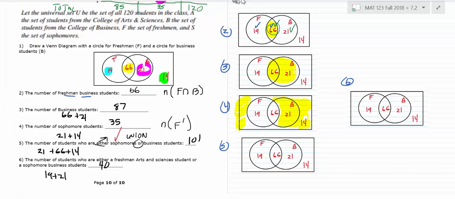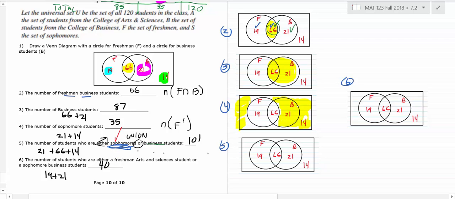You're either a sophomore, so you're a sophomore there and there. That would be the sophomores. And then a business student would be here and there. Whoops, I put the wrong thing in there. I'm confusing myself. Let me do that one more time.